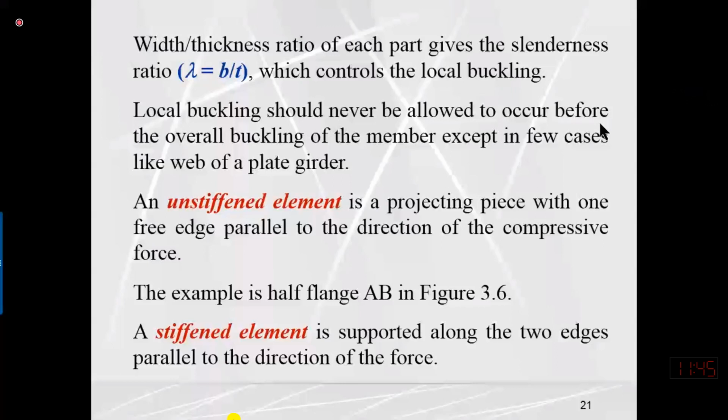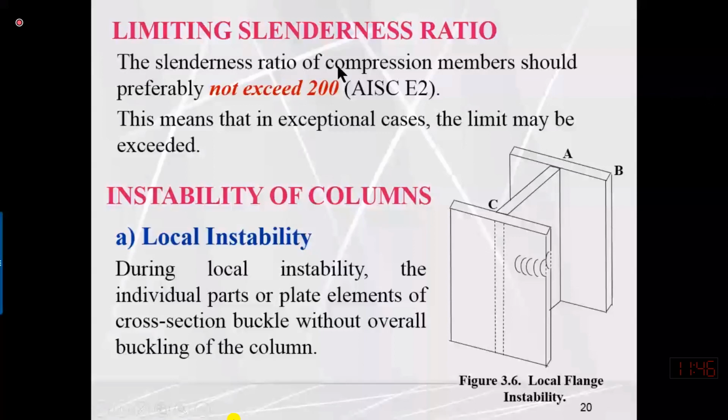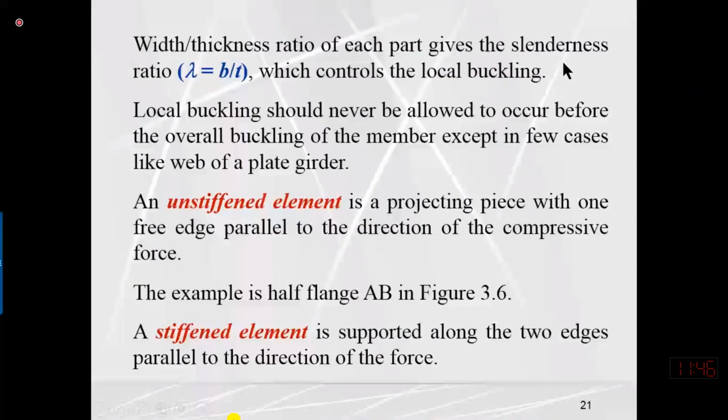We will see it in a forthcoming slide in a table given by AISC. Just like the limit of 200 given by AISC for overall buckling, we have limiting lambda values for stiffened and unstiffened elements. What is the lambda value? b over t, the width over thickness ratio of each part, gives the local slenderness ratio, which controls local buckling.